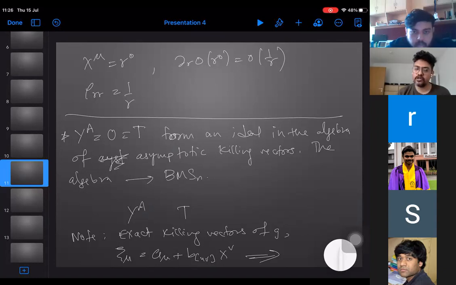I think what is basically done is that it is just a generalization. What they had for the BMS4, they generalized it to the higher dimensions and tried to see what they get. I see. Yeah, because for example, the existence of supertranslation itself is a bit subtle in higher dimensions, but people have worked it out.